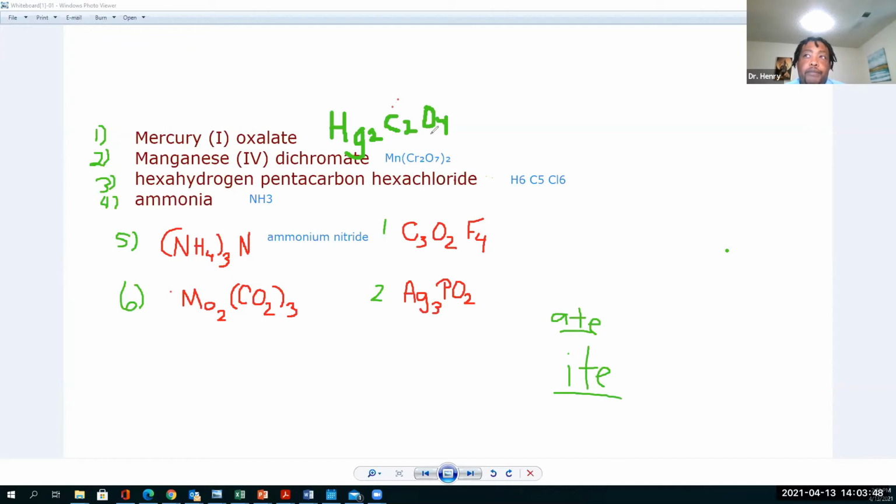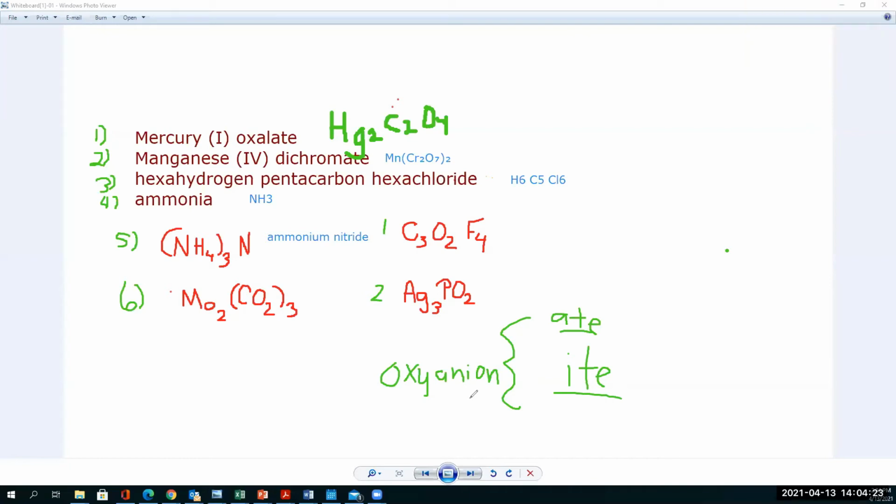Oxalate, it's carbon and oxygen. So if I wanted oxalite, that would be one less than that, so that would be C2O3, okay? So "ate" means that there's an oxygen. These are used for what we call oxyanions. Oxy standing for oxygen, anion meaning negative charge, right? So they're polyatomic ions that have a negative charge and have oxygen as well. Okay, does that make sense? Yeah.